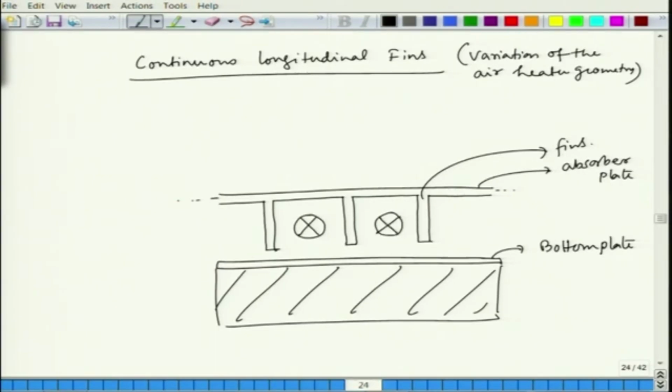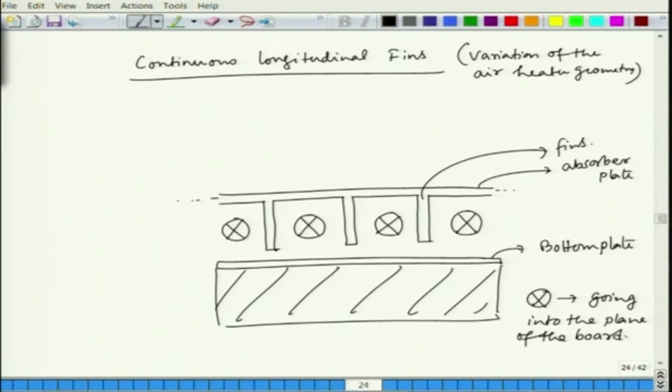So, this is the air stream that is going. Okay. So, this particular symbol means going into the plane of the board. Okay. That is how the air stream is going. And of course, we have a cover which is topping the absorber plate. So, this is the cover.